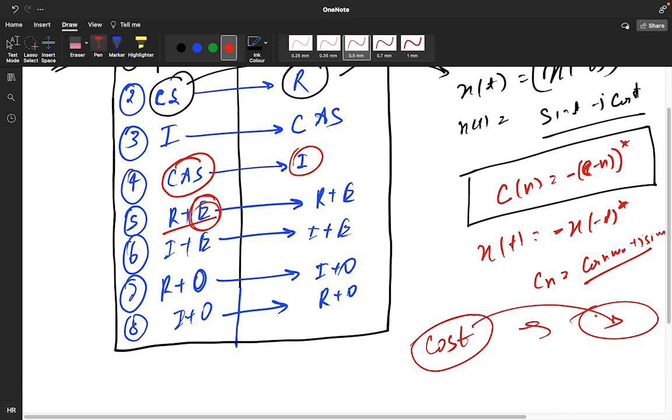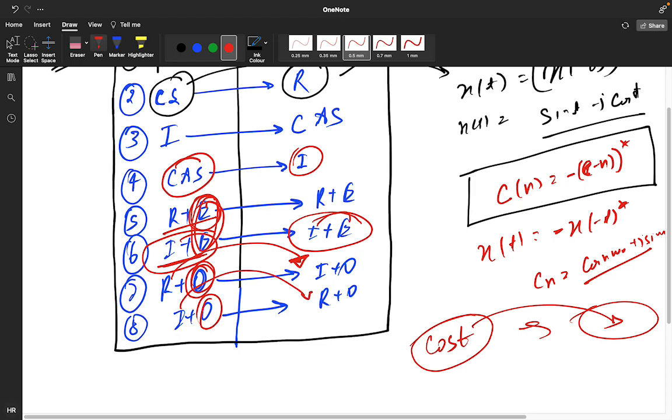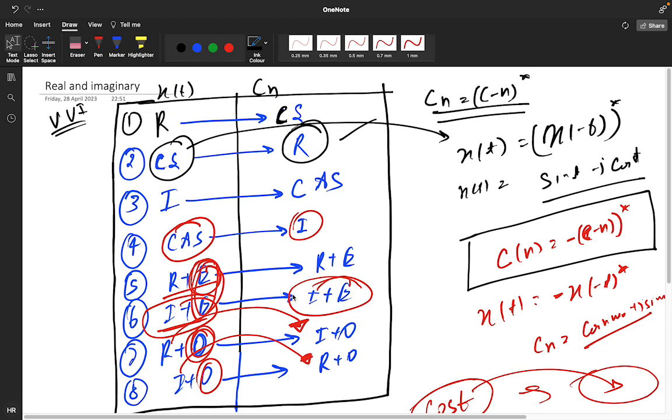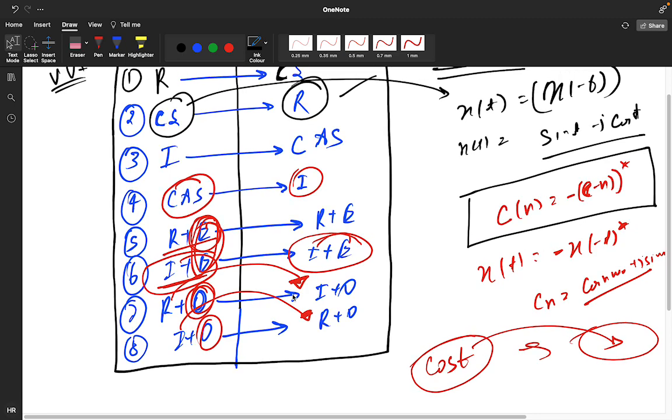If you have an imaginary plus even signal, then in the Cn part also you will get imaginary plus even. So always remember, if even is coming, the same thing will come. But when odd is coming, then real will become imaginary this side. When odd is coming, then imaginary will become real this side. So this is the simple example.